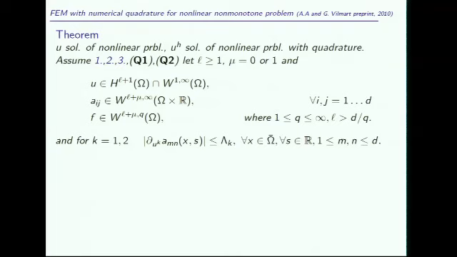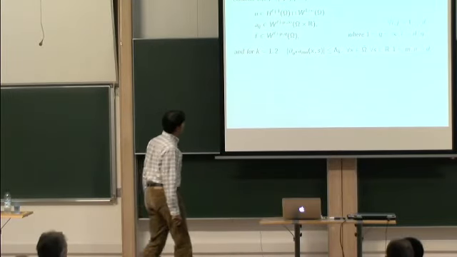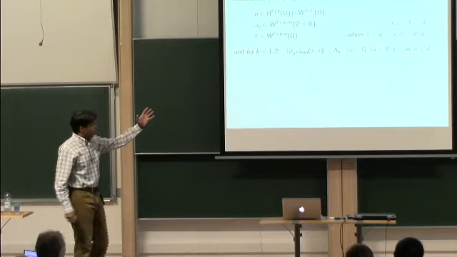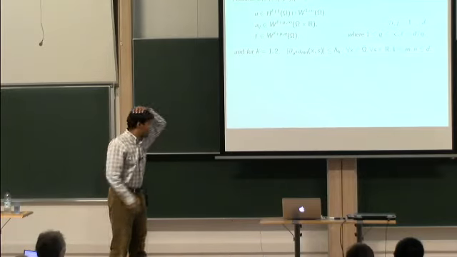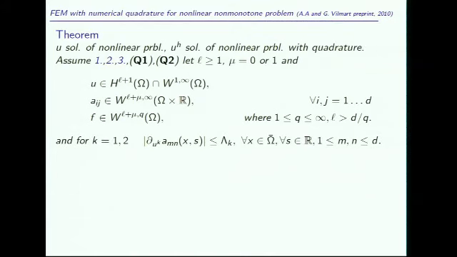The mu here is either 0 or 1, and depends on whether you want H1 or L2 error estimates. I didn't talk much about f. If you don't want to discretize the right-hand side with numerical quadrature, you can forget about this assumption. And you need some bound on the derivatives of the coefficient with respect to the nonlinearity up to order 2.